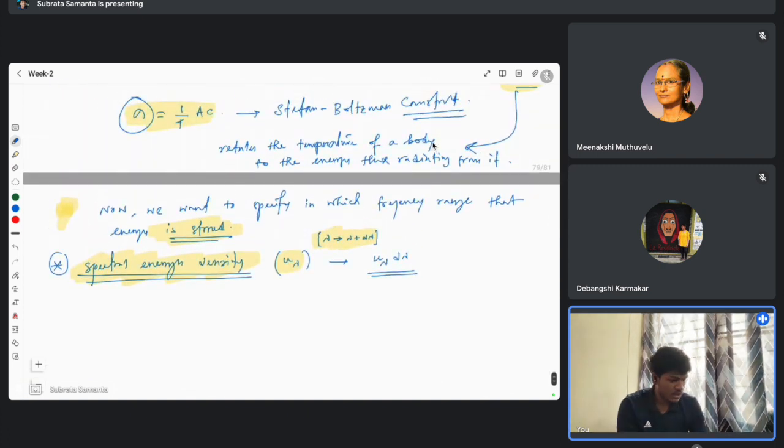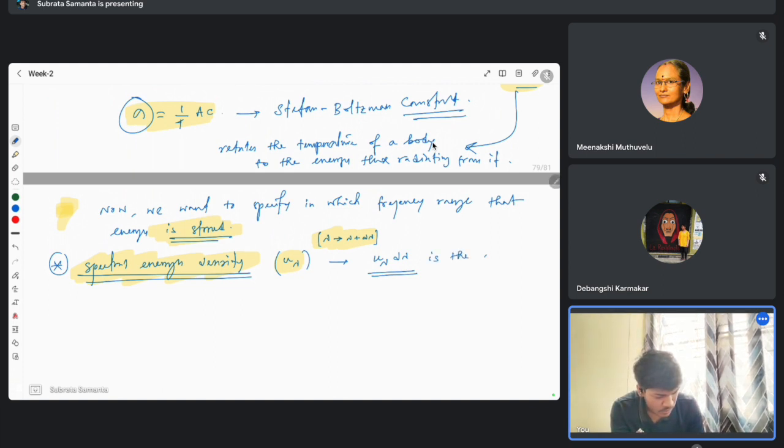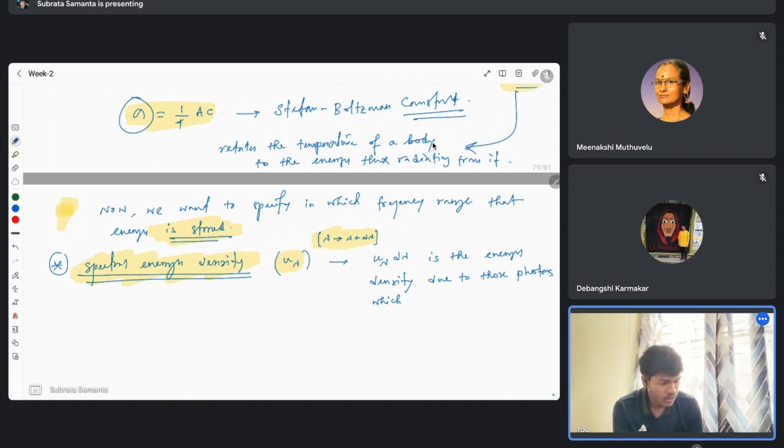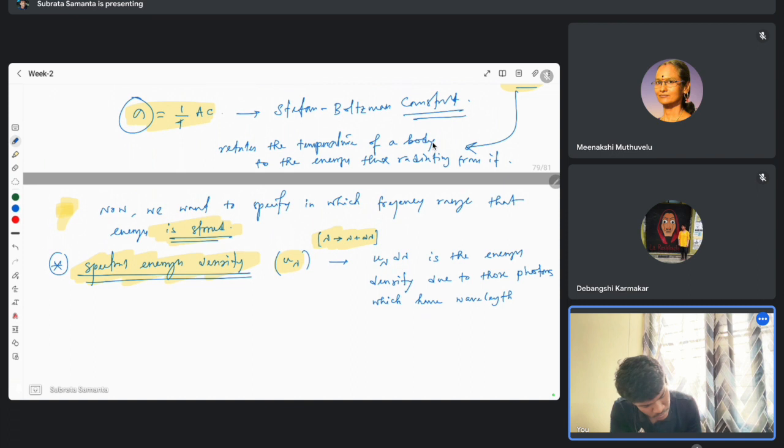So u lambda d lambda is the energy density due to those photons which have wavelength between lambda and lambda plus d lambda.